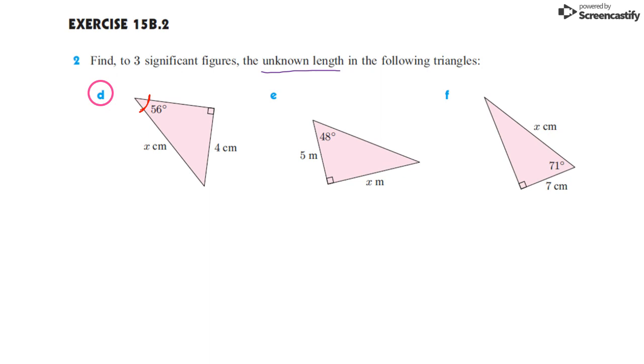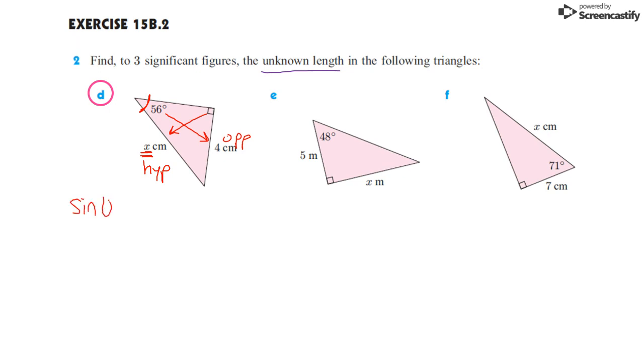So we're referencing this angle. So that means this side that I can see is the opposite. This side, the side we're trying to solve for, would be the hypotenuse because it's opposite the right angle. So think about the trig function that relates the opposite and the hypotenuse.